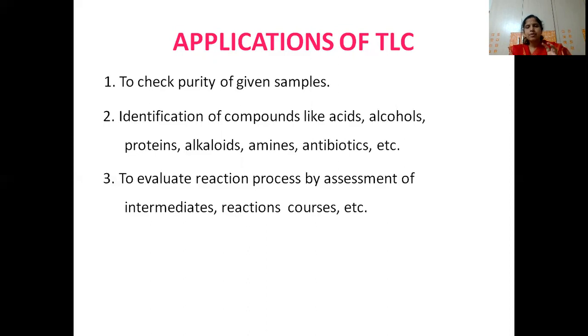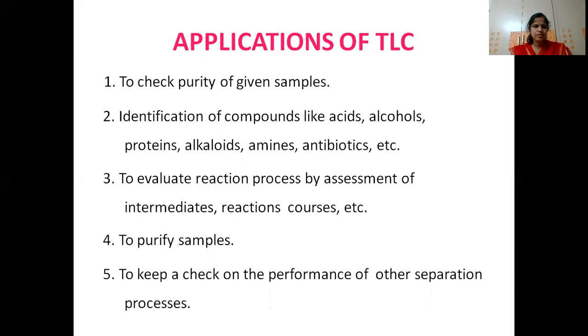If we find the same RF values, or the same distance traveled by the components, then we can say that the reaction has not yet progressed. So that is the reaction course or the intermediates formed in any reaction, which we can check by TLC. Same thing again to purify the samples.